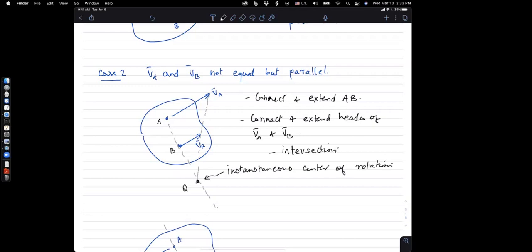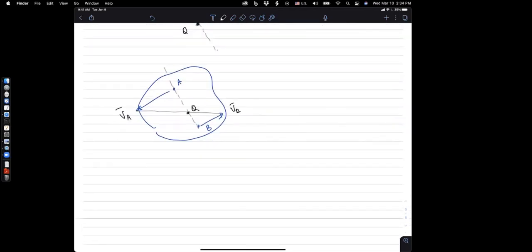And for the question that was asked, if they are in opposite directions, the same algorithm works: connect AB, and then connect the heads, and they intersect at some point. A special case is when VA equals VB in magnitude, but that will still work. You will just have the point exactly in the middle.